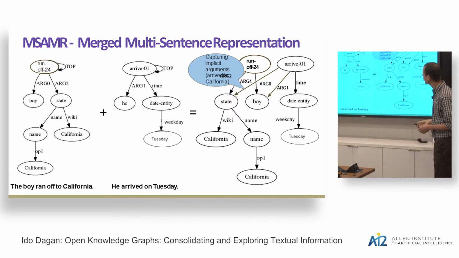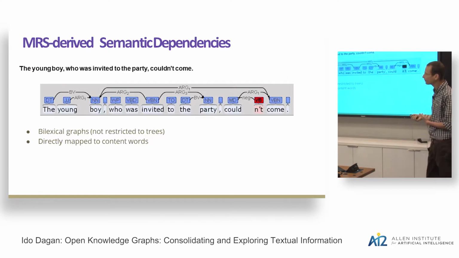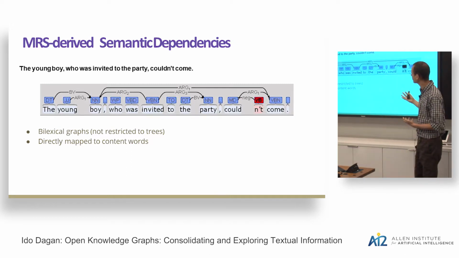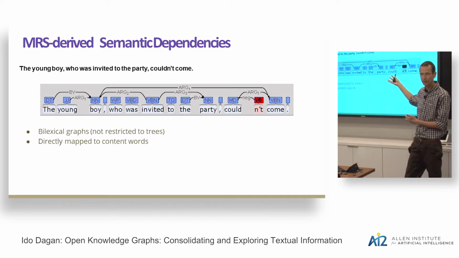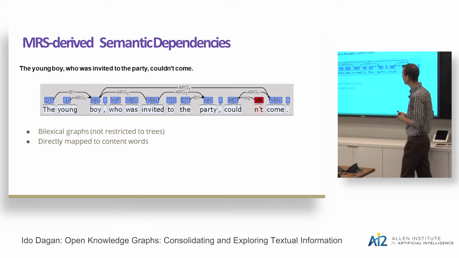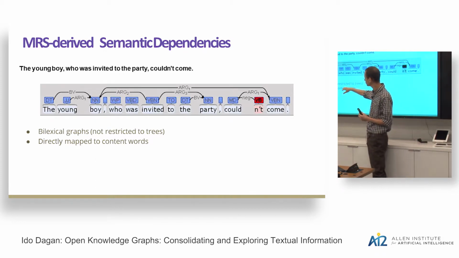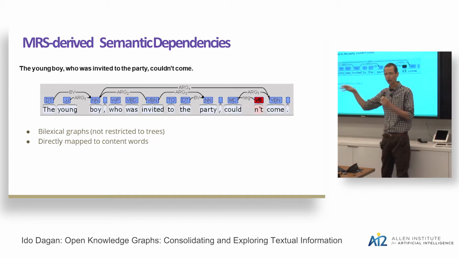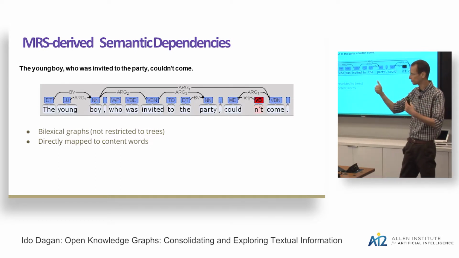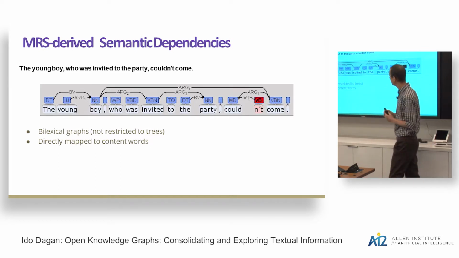So that's AMR. Another example of a representation is MRS and semantic dependency graphs derived from MRS. Again, there was a SemEval task about that. Here, I just want to note that it's a similar graph flavor of lexical elements and edges relating them.